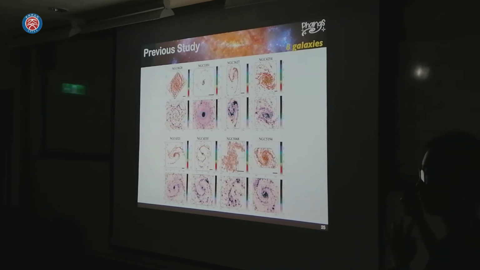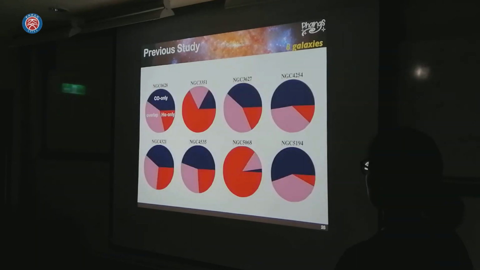Although they are very similar in terms of morphology, their sightline fractions are quite different. Like M51 is dominated by quiescent gas, and NGC 5068, the lowest mass galaxy among these 8, is dominated by H-alpha only regions.